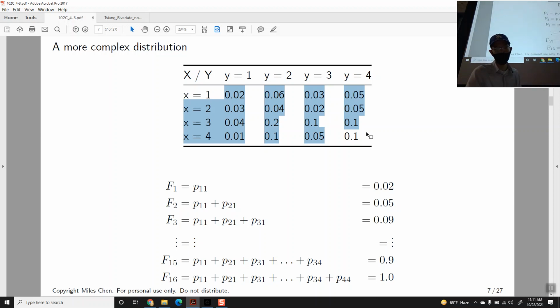And then lastly, if I add up the last value, probability of 4, I would get 1.0. Okay, so again, we've got now a distribution and a mapping going from 0 to 1.